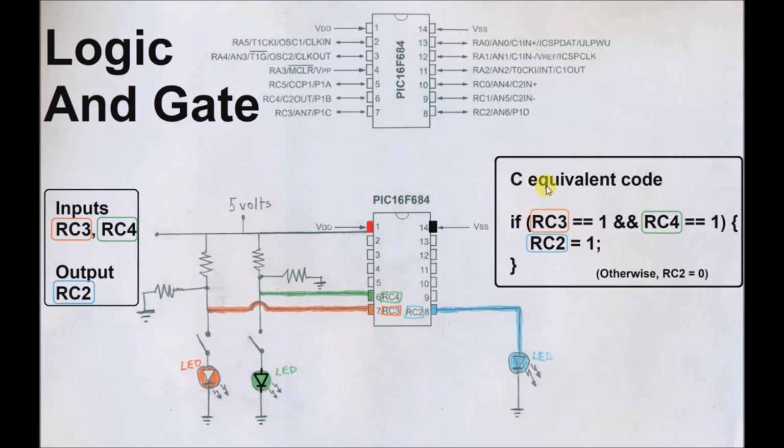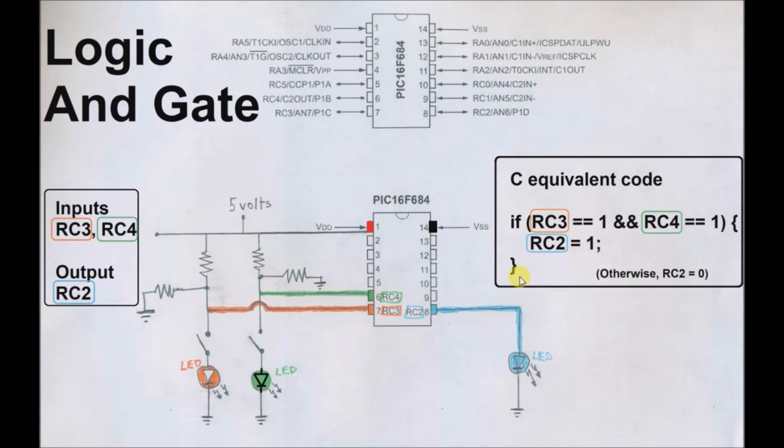And the C equivalent code perhaps demonstrates it the best. If RC3 equals 1, if it's high, and RC4 equals 1, then send RC2 high.